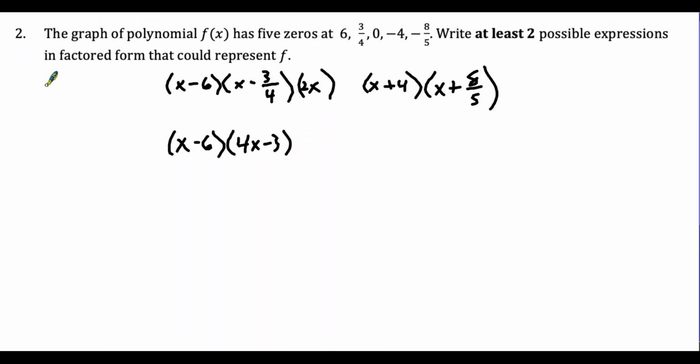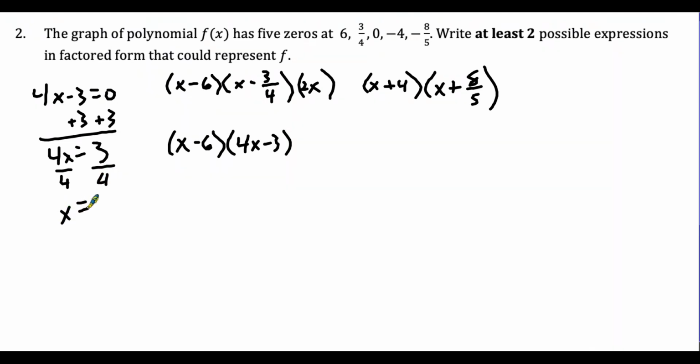And again, the reasoning there is if I think about setting that factor equal to 0 and solving for x, well, I would have to add the 3 over and then divide by 4. And we would get positive 3 over 4. Okay, so 4x minus 3 would also yield an x-intercept of 3/4.